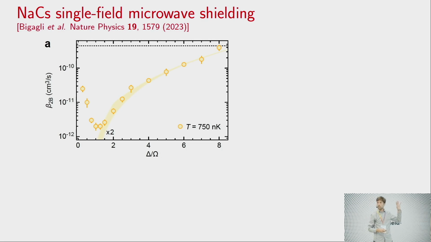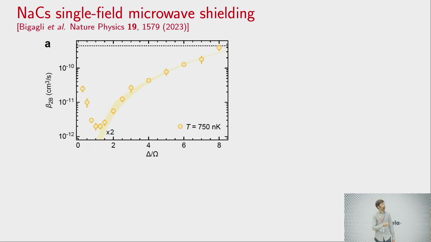So this shows the two-body loss rates as a function of the detuning. And you can see that the experimental loss rates, the markers, are very well described by the coupled channels calculation, the shaded area. And you can really achieve about 2 orders of magnitude decrease in collisional loss. But then if you want to decrease loss further, this two-body theory tells you to reduce the detuning further.